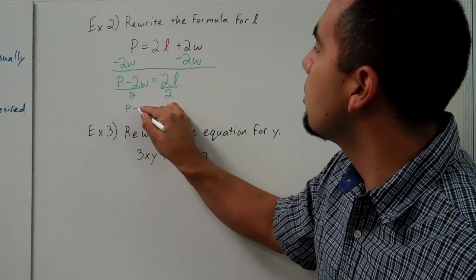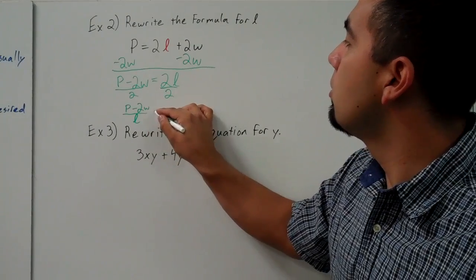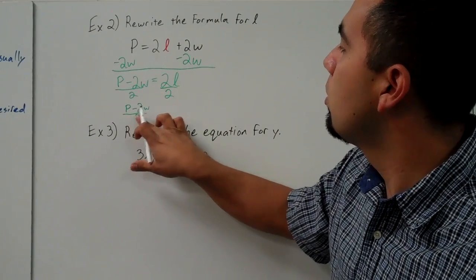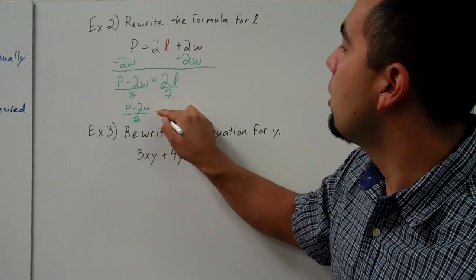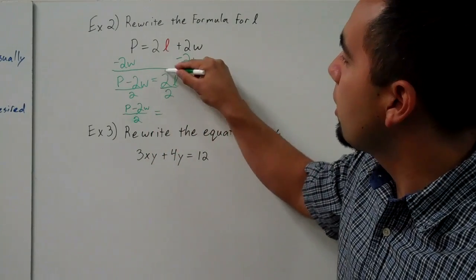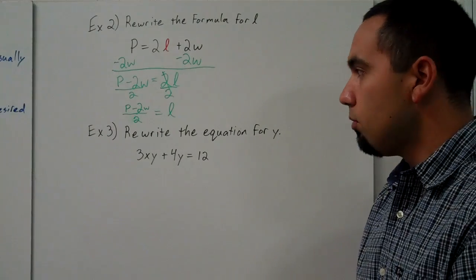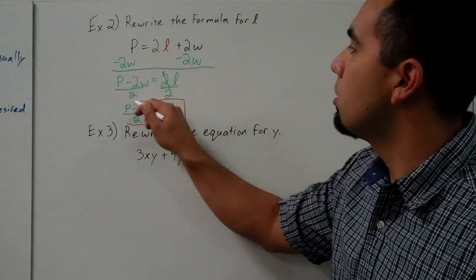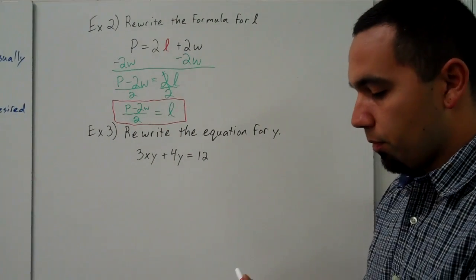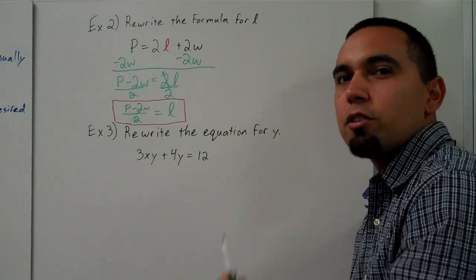So my answer is P minus 2W, all over 2, equals, these 2's cancel out, so I'm left with L. And there we go. That's example number 2. I solved the equation for L. Most of these equations you're going to be able to solve in one or two steps.